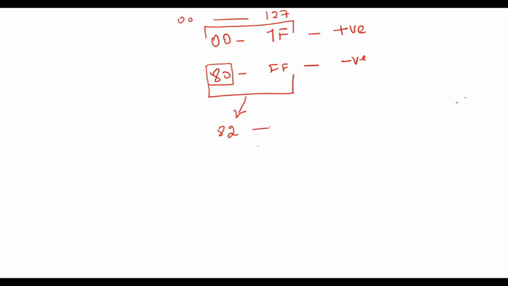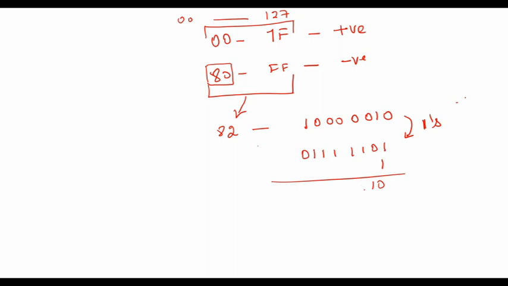First write 82 as 1000 0010. Take the 2's complement. First take the 1's complement, it becomes 0111 1101. Then add 1 to this, it becomes the 2's complement. It is 0111 1110. So this is the value of the negative number.